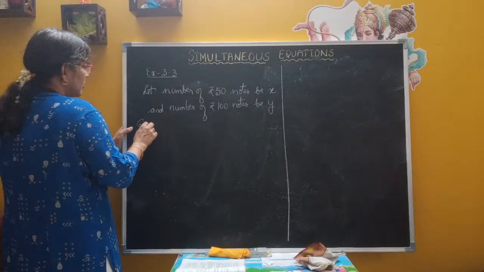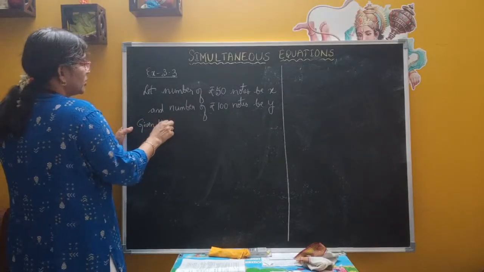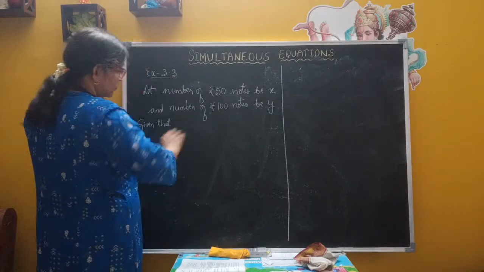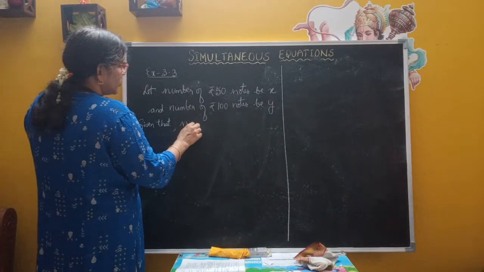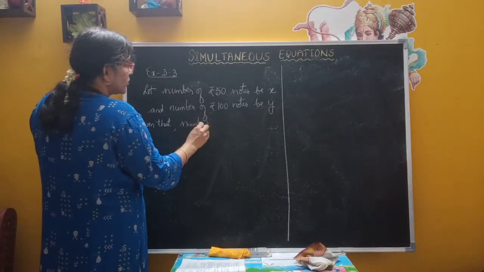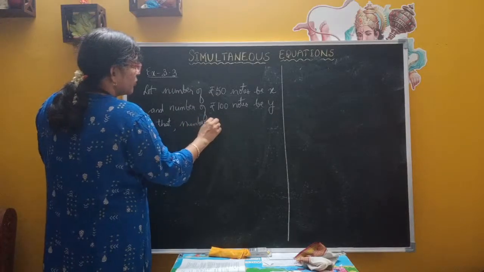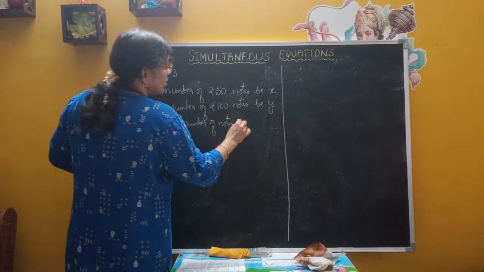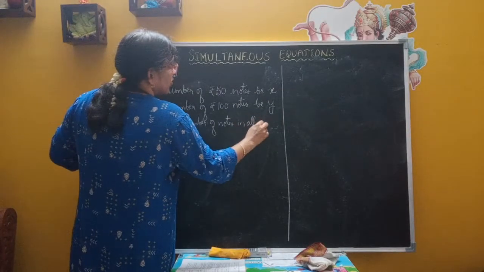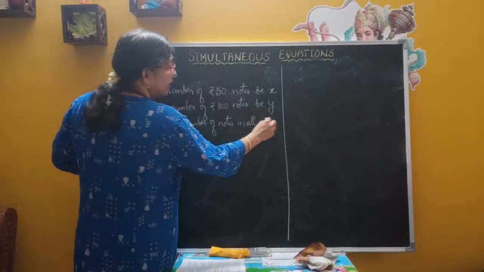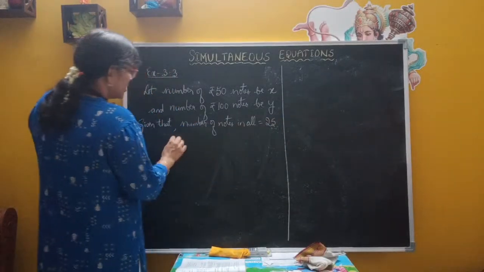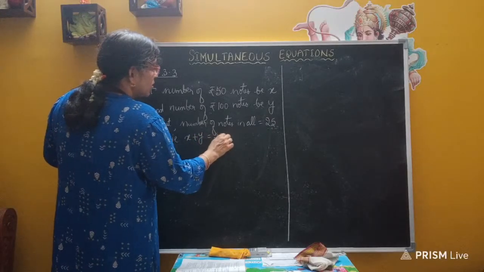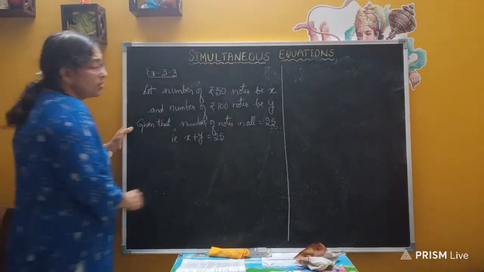Given that, number of notes in all means together. How much is it? 25. That is nothing but x plus y is equal to 25. This is equation 1.